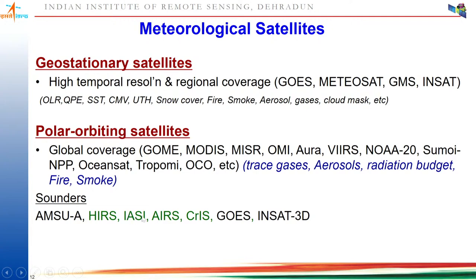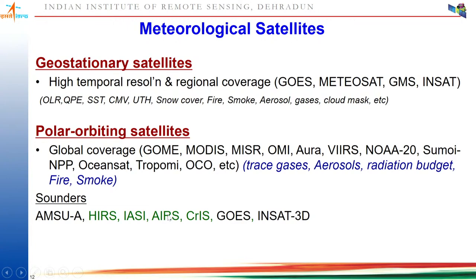IASI, this is the European one. This is a hyperspectral infrared sounder. This has more than 2000 channels. AIRS, the atmospheric infrared sounder, has more than 2300 channels, and by so many channels we can have a high vertical resolution, meaning that we can have information over many parameters at many layers or vertical heights, including the gases.